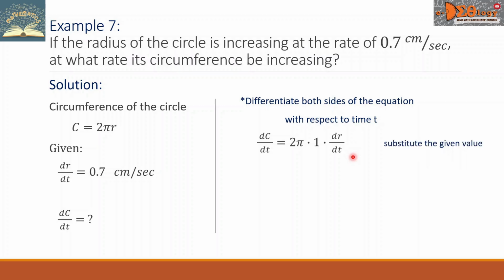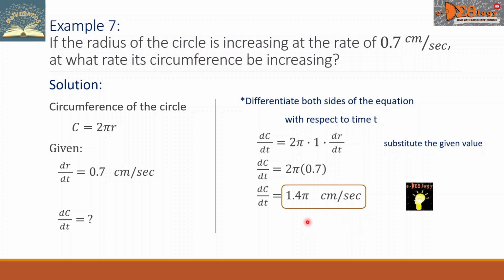Then we substitute the given value. There is a 0.7 for this dr over dt. So we have 2 pi times 0.7. And the product is 1.4 pi. Unit of measurement is centimeter per second. This is the answer.